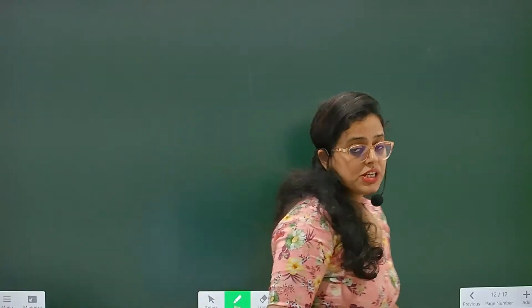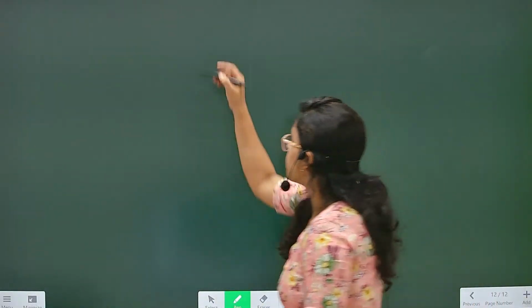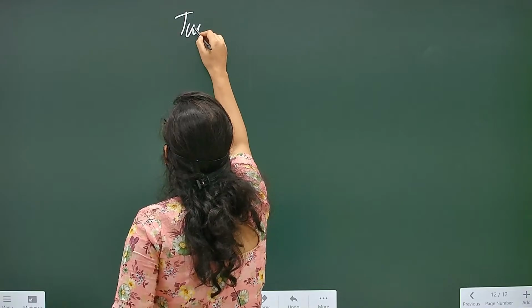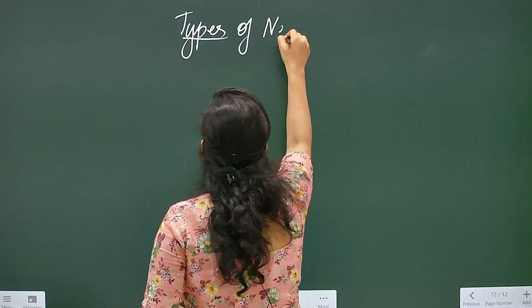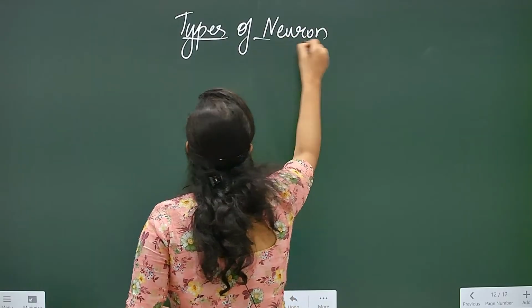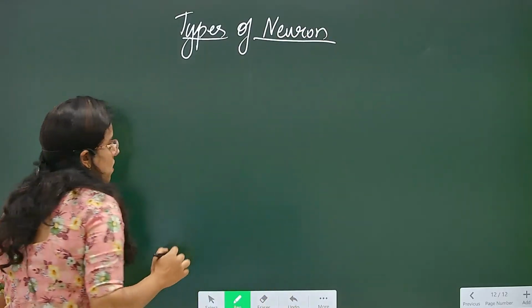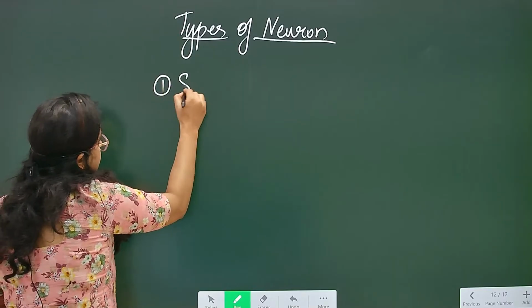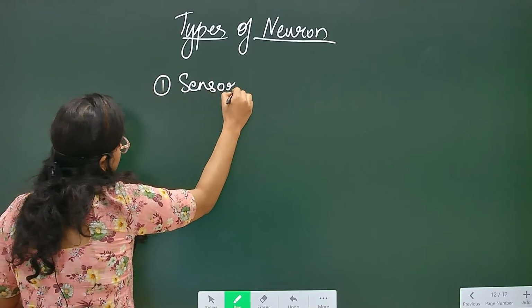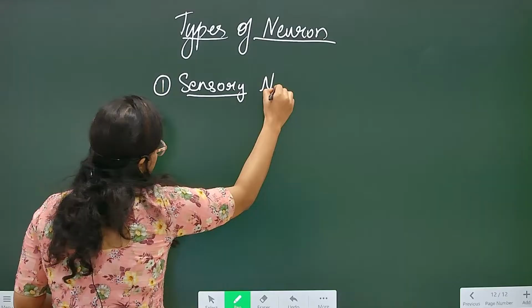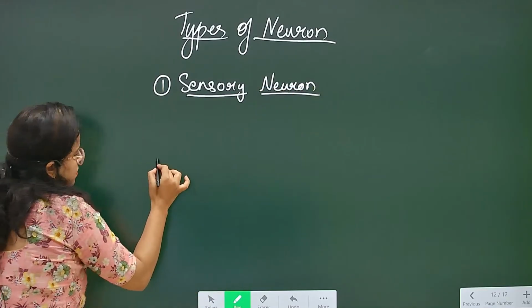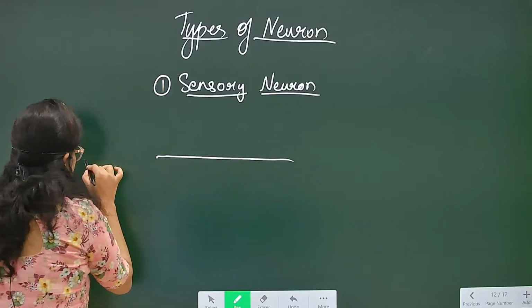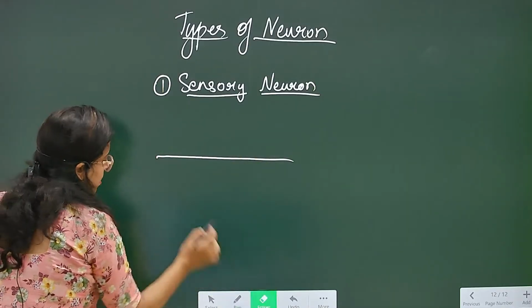Okay, now we are going to learn about the types of neuron, according to the function. First we have sensory neurons. These neurons are basically, let me take the image over here, a small image.